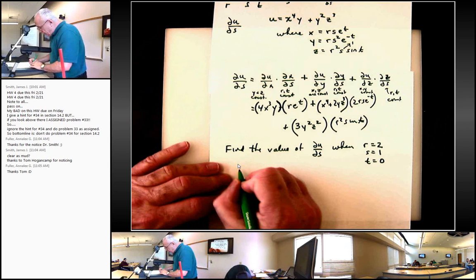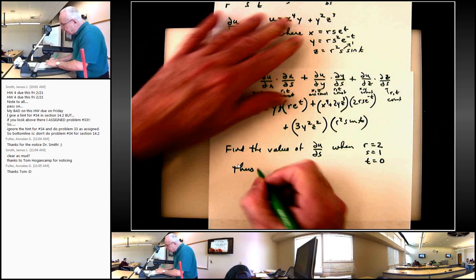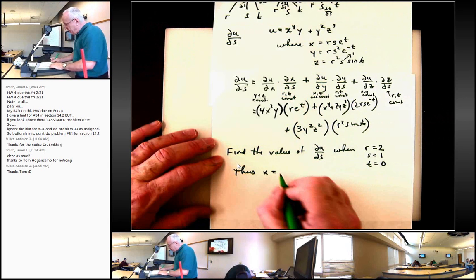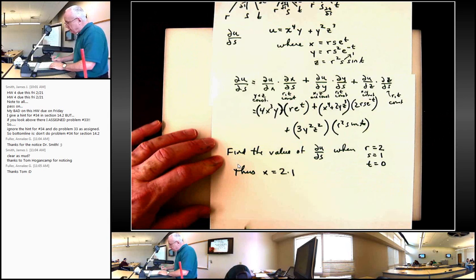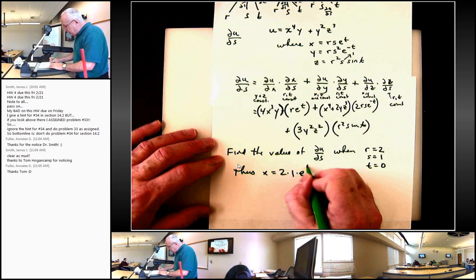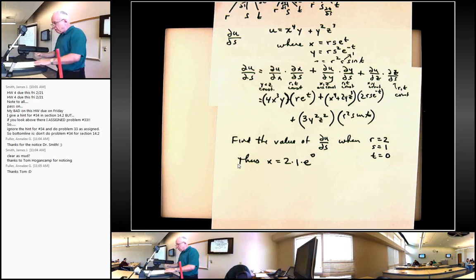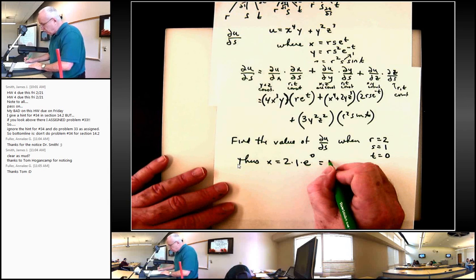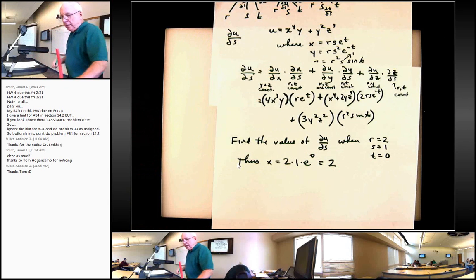So therefore, thus, let's see, x is equal to r times s, so that's 2 times 1 times e to the t times e to the 0 power. So x then is equal to 2, right? Okay.